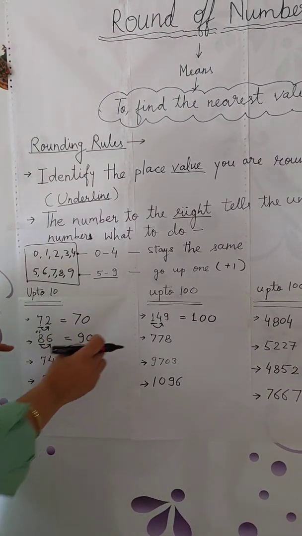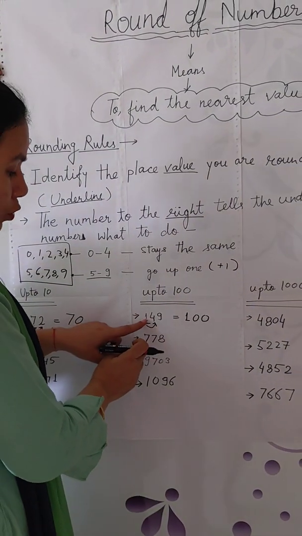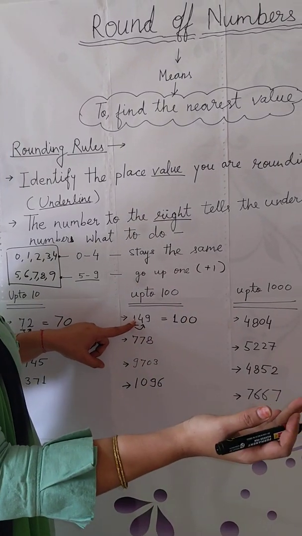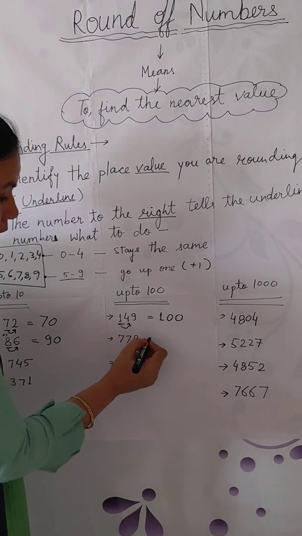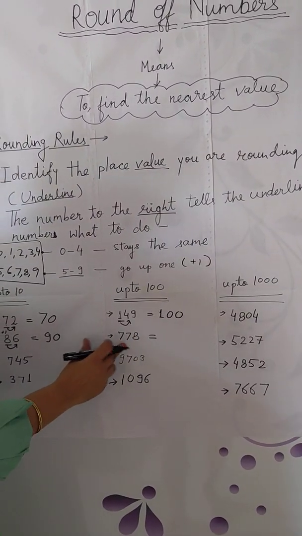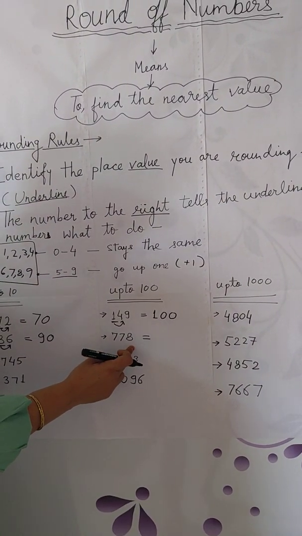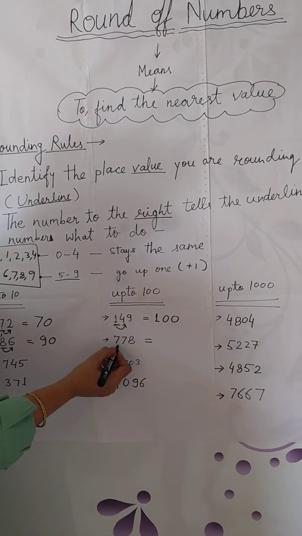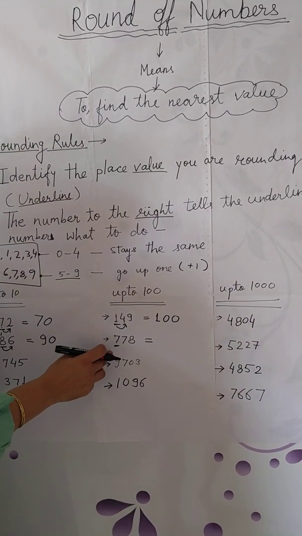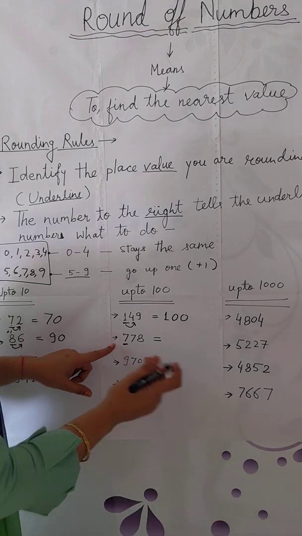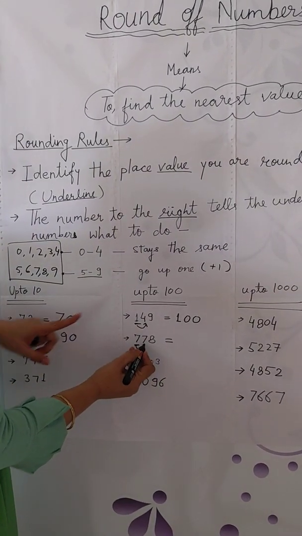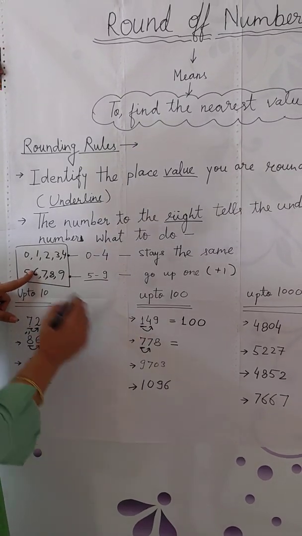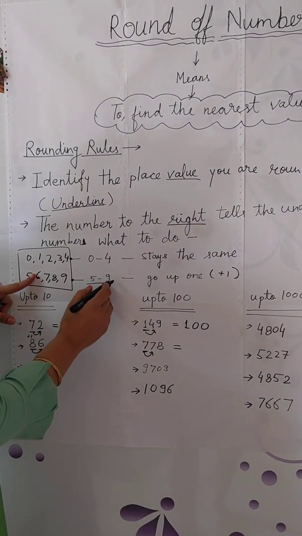Up to whichever place you are rounding off, the digits to the right side will be converted into 0. Now just see the second number, 778. You have to round off up to the hundreds place. 7 is in the hundreds place. Check the next digit to the right, that is 7. 7 comes in the second group, 5 to 9.